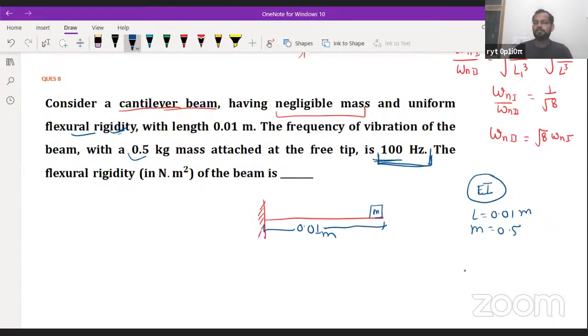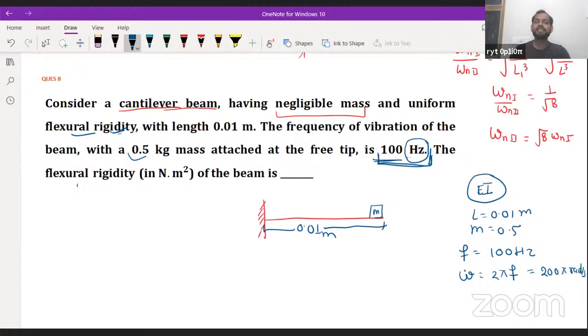Yeah, very good, Vamsi. Taizim, do not confuse that this is omega, because for omega unit is radian per second. It is given in hertz. That means f is given, that is 100 hertz. We can easily calculate omega here. Omega is nothing but 2 pi f, so from here you will get 200 pi radian per second.